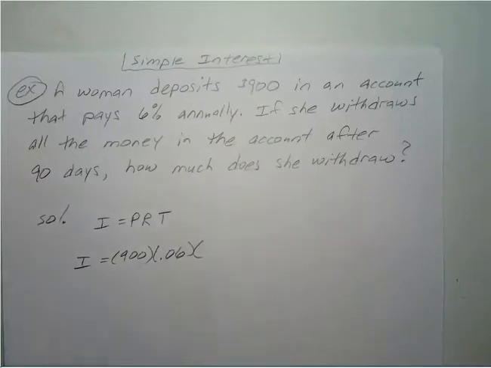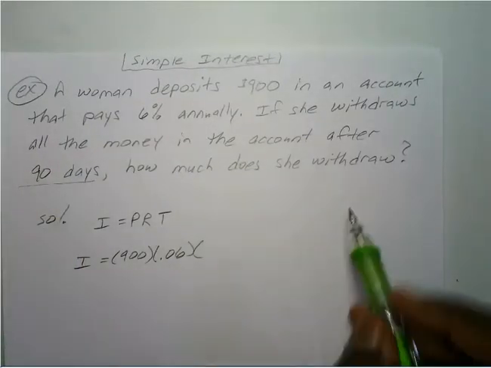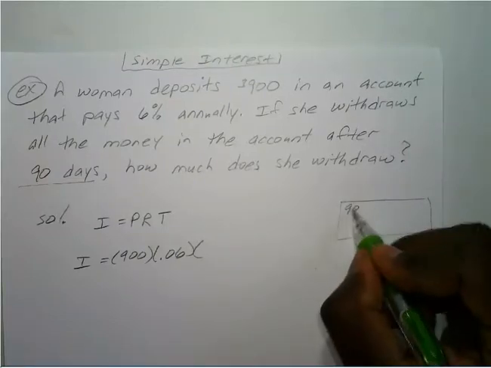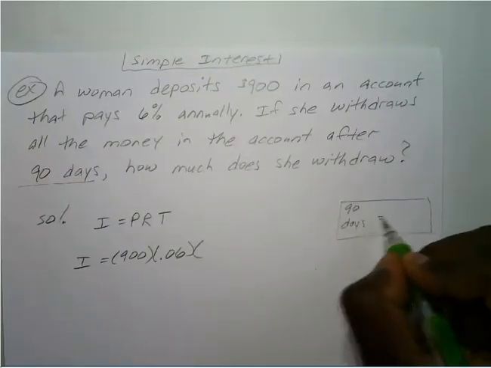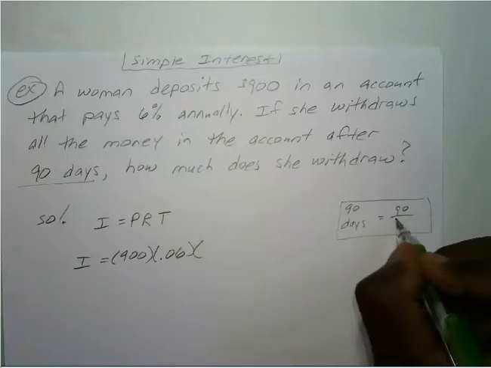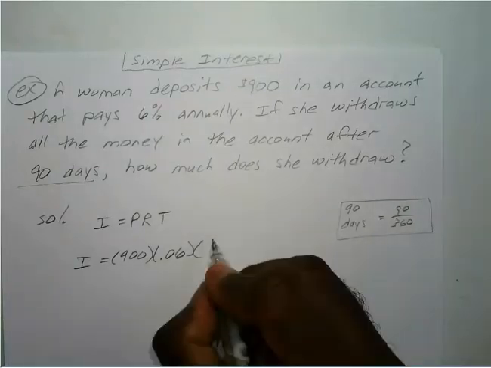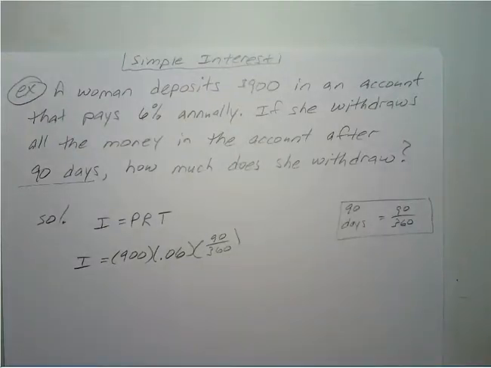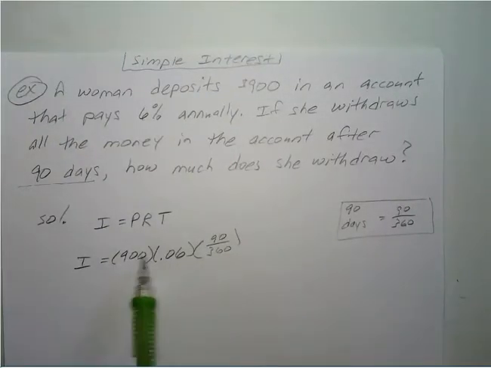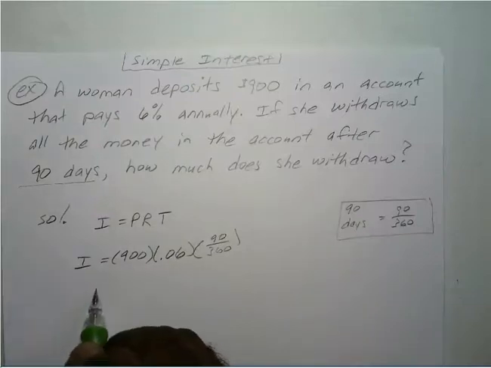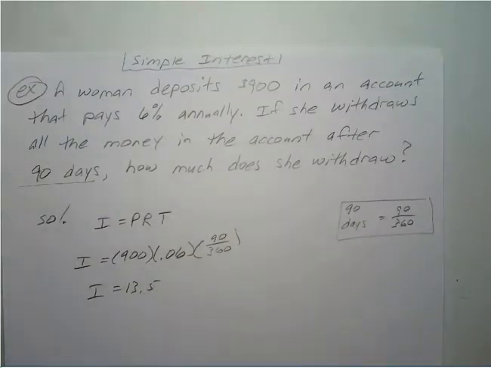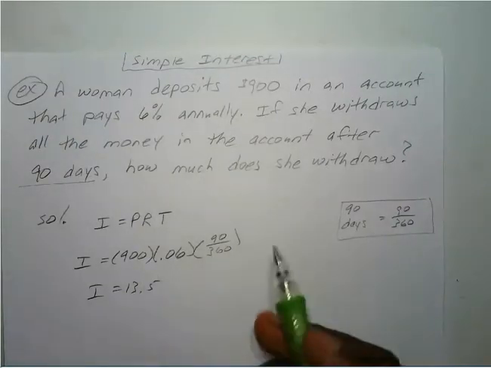Okay, now remember, she withdrew it after 90 days. So 90 days would just be 90 out of the 360 days in 1 year. Okay, so if you multiplied all these together, you would end up with an amount, not interest rate, of $13.50.